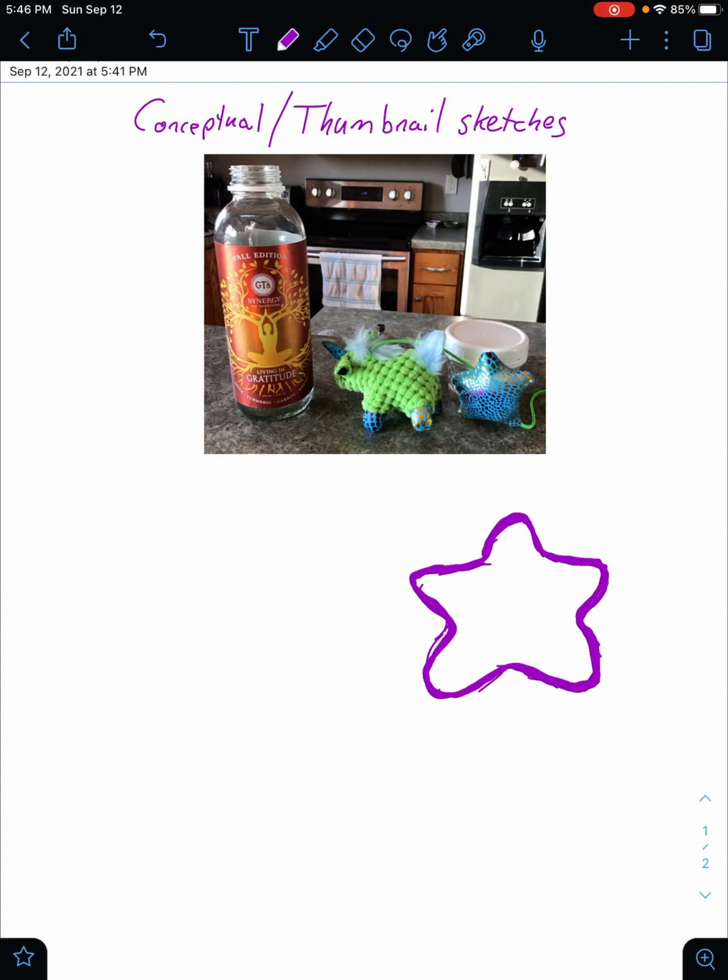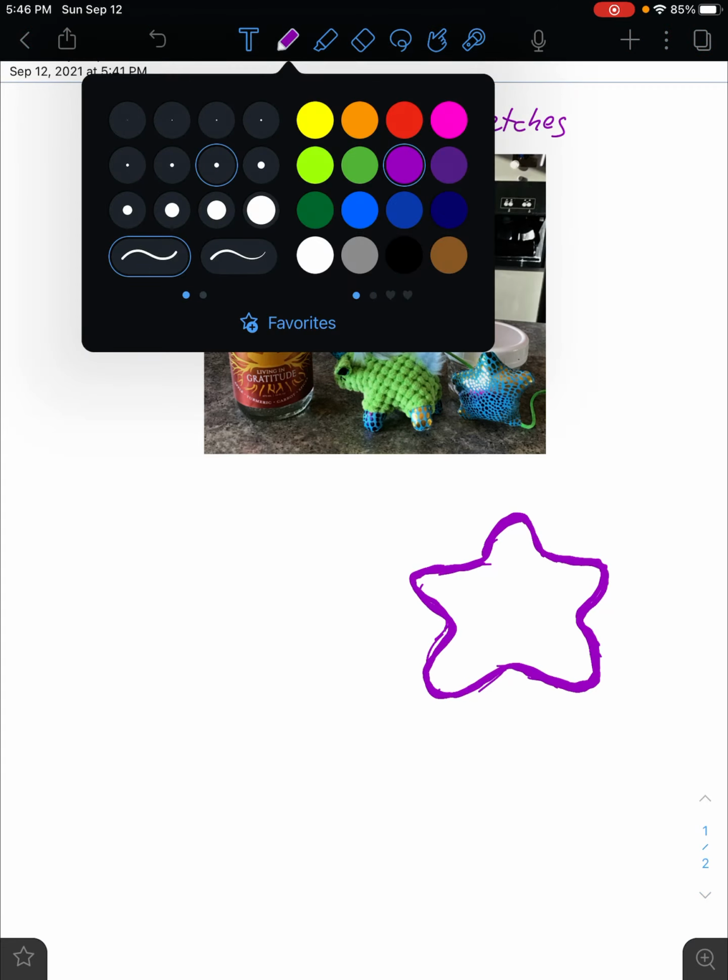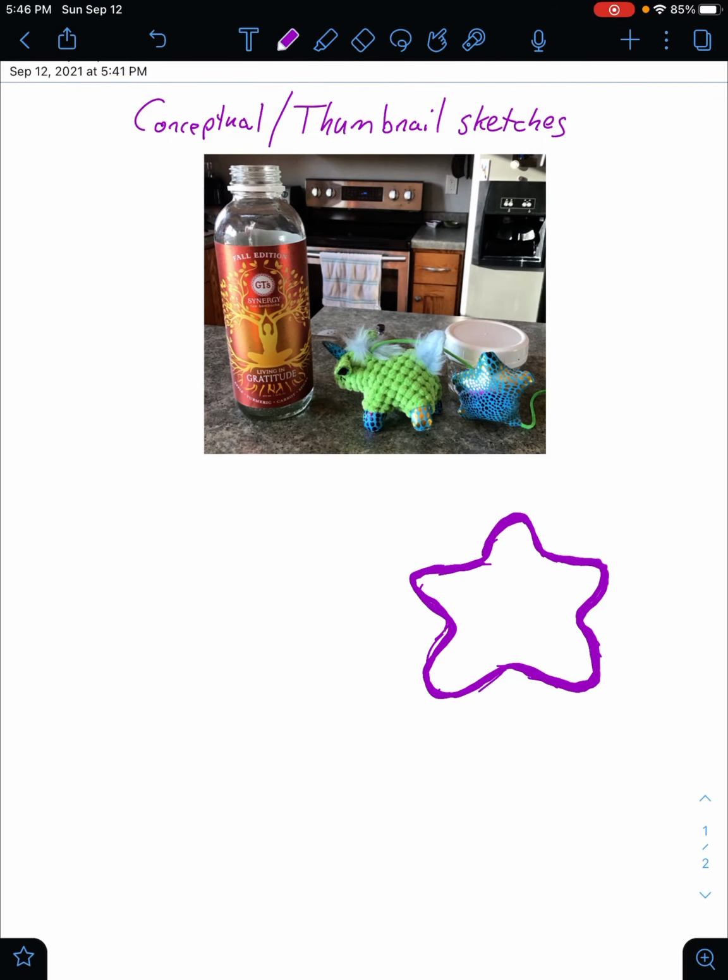Next one, actually, the unicorn's a little harder, especially from the photo, than I thought it would be. But what I'm going to do is get the head in, the legs, the tail, and then I'll add a horn. I'm really not going to be beautiful about this.